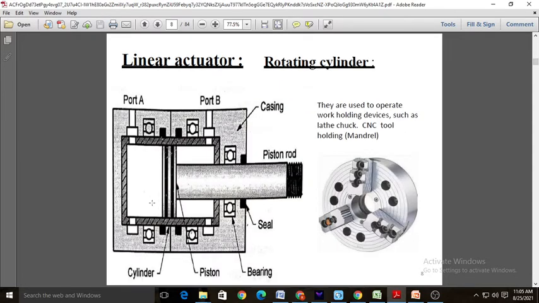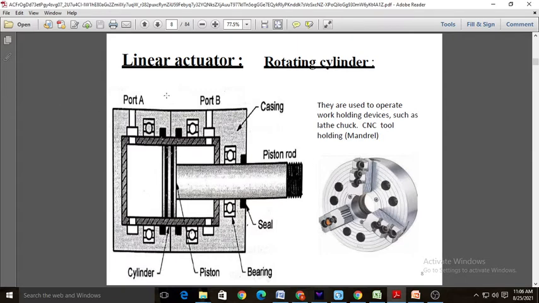Here you can see this is a linear actuator. When the pressure fluid enters from the port A, it creates a pressure on the backside of this piston, causing this piston to move in the outside direction, and we get the linear extension of this piston rod.